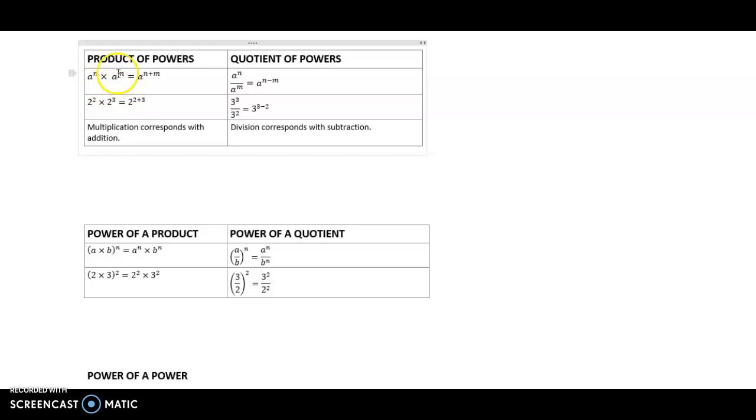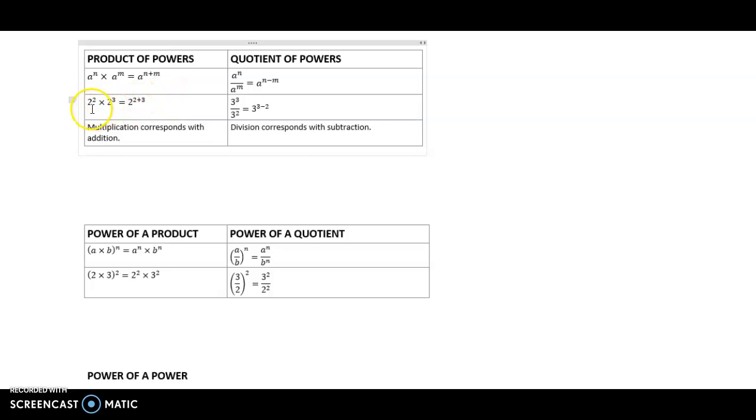Kwi-product of powers sithola ukuthi every time uzoba ne-base efanayo, in this case kube u-a, where u-a can be any number except 0. Okay, lana ngithe u-a to the power of n times u-a to the power of m. Since u-a is the same, i-base yethu is the same, i-product of powers allows us ukuthi we just add ama-exponents.